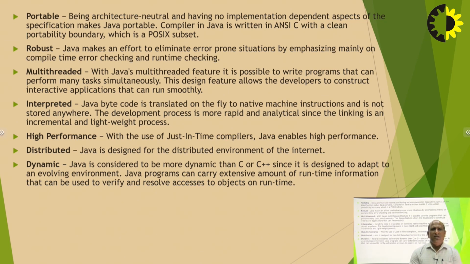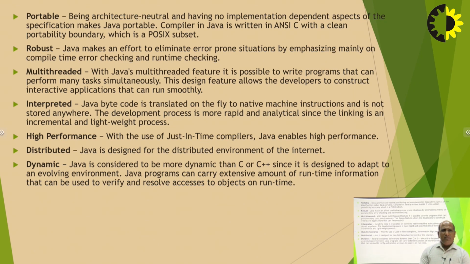Context switching is very much faster, so it is a very efficient way of coding if your code provides a multi-threaded environment. Java supports this multi-threaded environment, which makes it very usable.